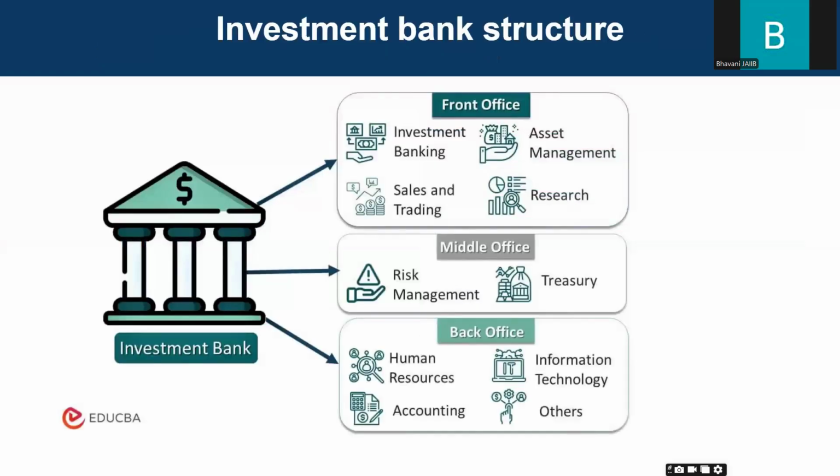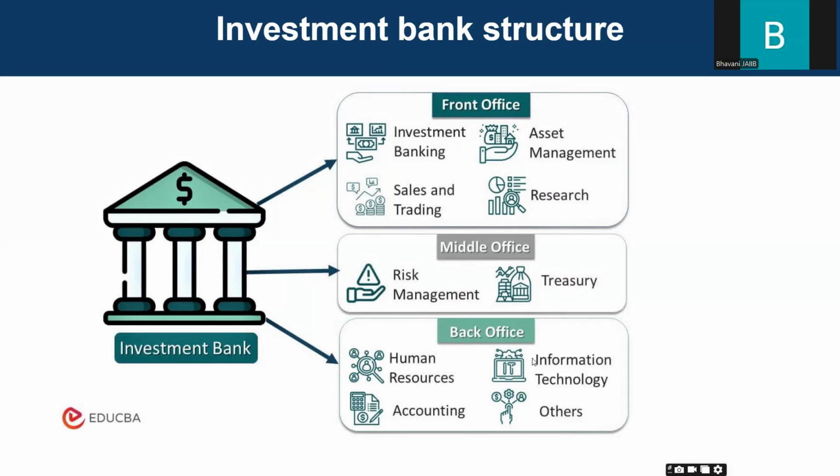Next, we'll move to the investment bank structure. As you can see here, we have the front office, middle office, and the back office. In the front office, we have the client facing roles like sales, trading, research, asset management, etc. Middle office includes risk and treasury functions. It includes risk management and treasury functions.